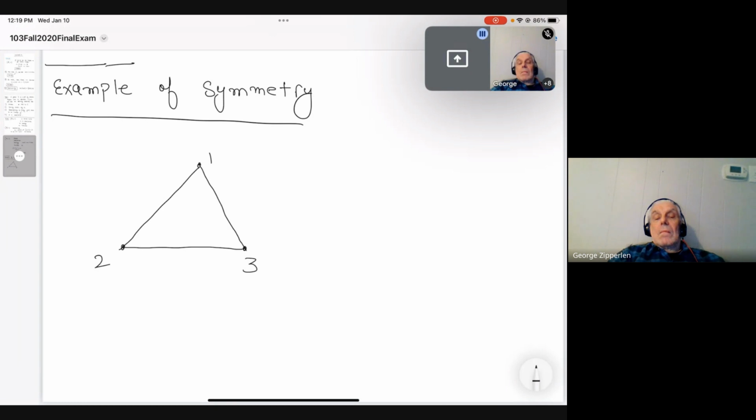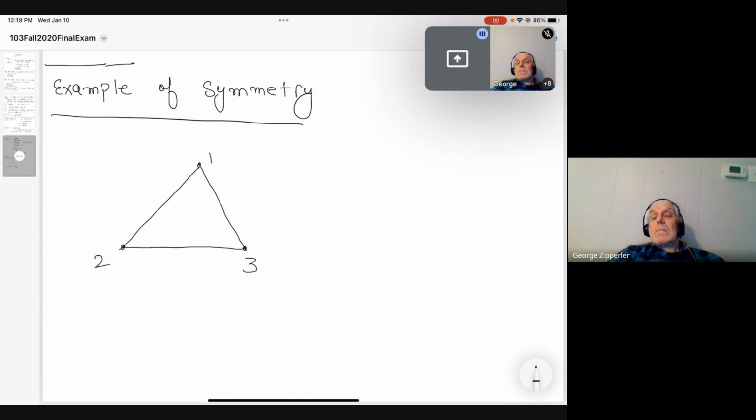Now, if I ask you, what are the operations I can do on this triangle to keep this intact? Like I don't want to cut it. I cannot cut it, right? But what kind of geometric things can I do so that I keep my triangle intact?